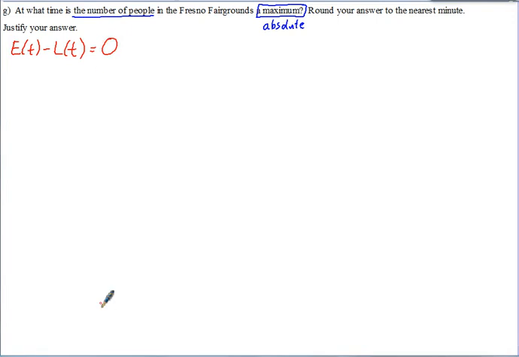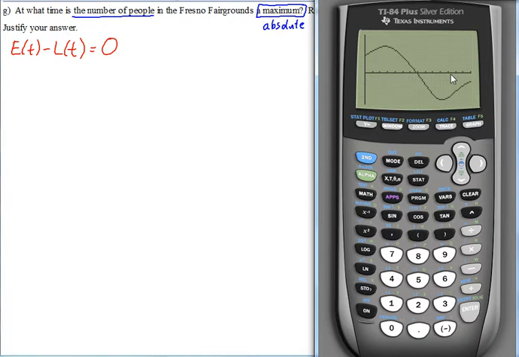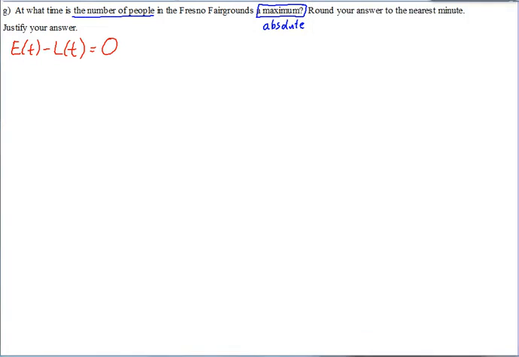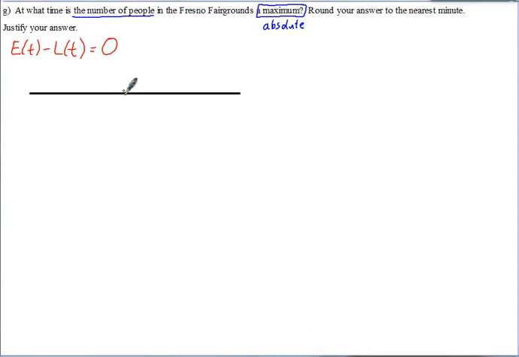Let's go ahead and look at the graph here, on the 84 first. Here's the graph of our overall derivative, because remember we put this in as y3. We'll draw ourselves a number line here for E of t minus L of t.